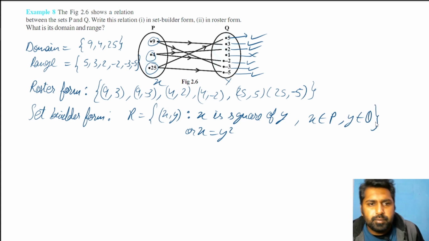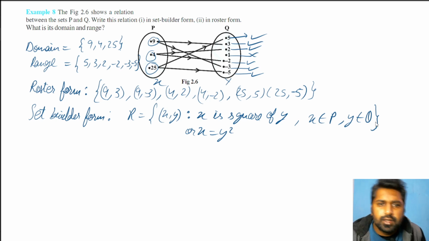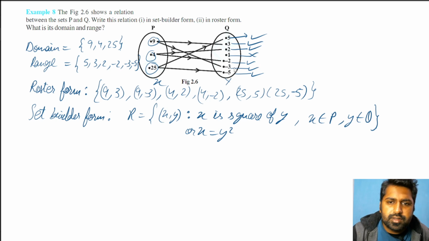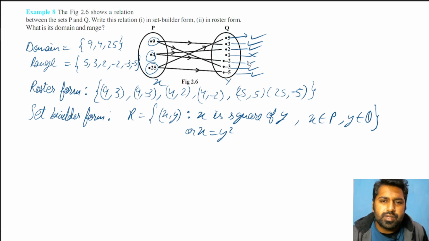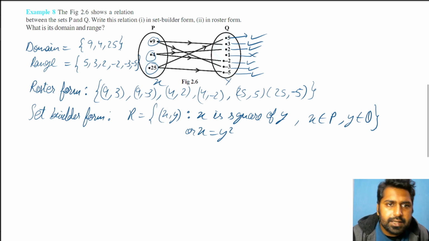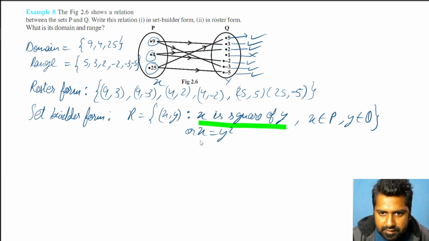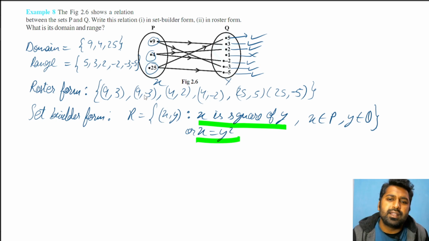So for Q and P, we have to write them in the set separately, or we can look at it from the figure itself, because this complete diagram represents set P, this complete diagram represents set Q. So we'll directly say x belongs to set P and y belongs to set Q. Because in general we can write, but see again 4 is missing from the pattern, so we cannot justify it properly. So anyhow, the main key relation is this one, x is square of y. That's it.